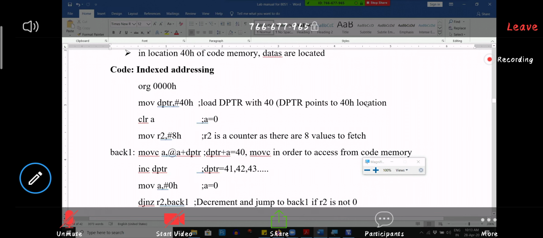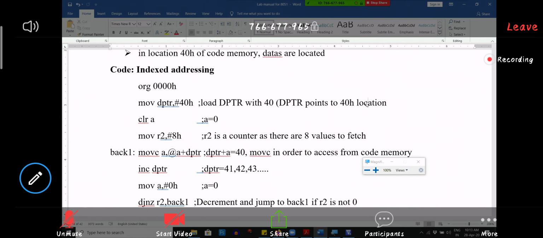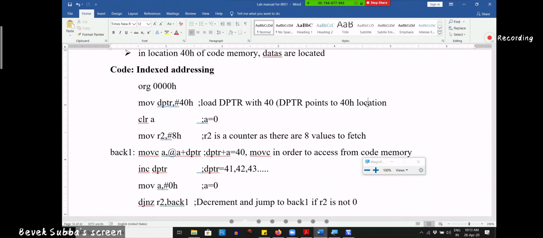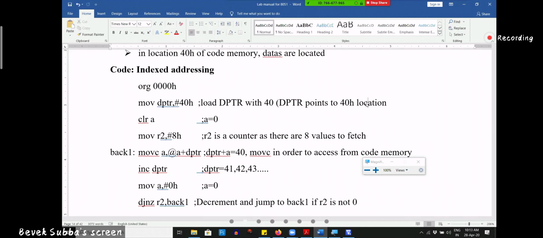By copying the value 40H to DPTR, where 40H can be any number, I have taken just an example here, I'm moving 40H to DPTR. With this, I'm having a lookup table, which is something like a subroutine, at 40H. Is it clear now?